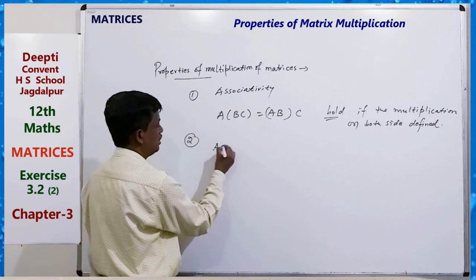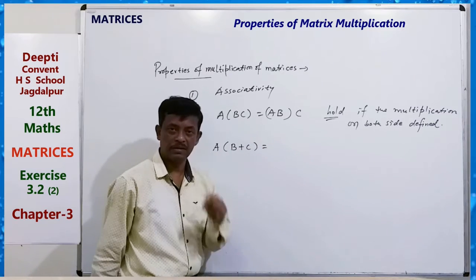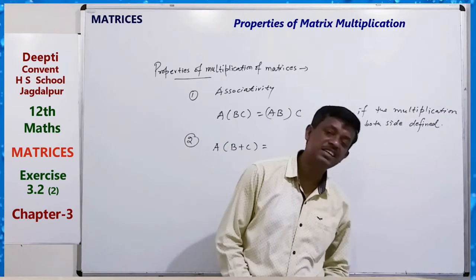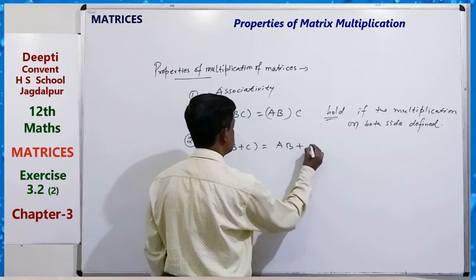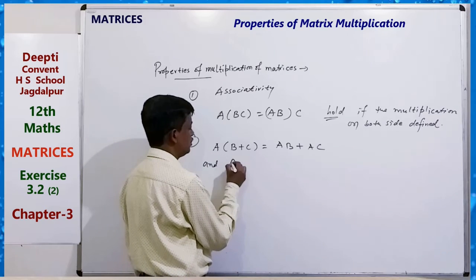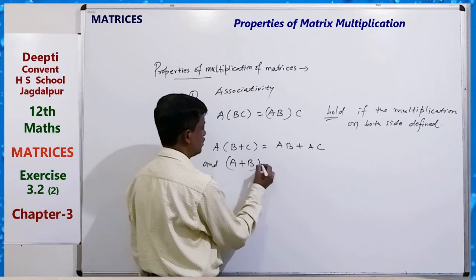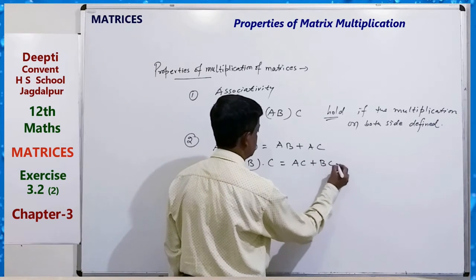The distributive law also holds. A distributes over B plus C. Multiplication is distributive over addition, in either side: A(B plus C) equals AB plus AC, and also (A plus B)C equals AC plus BC.